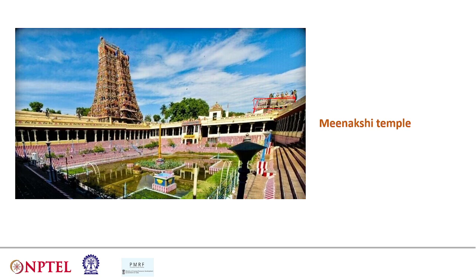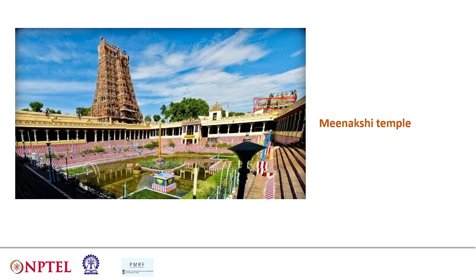Even if you look at other images, whenever you search for Meenakshi temple, or if you have visited in person, you'll find the gopurams are very beautiful. They are colorful and decorated, and within them you will find the temple complex, which is a very humble and modest place. You'll also find a small pond, kind of a stepped well, something like we find in the northern parts of the country.